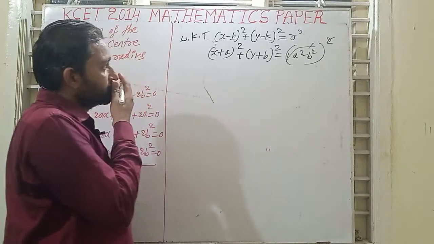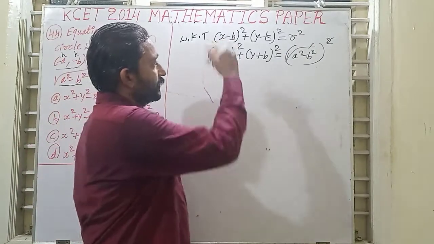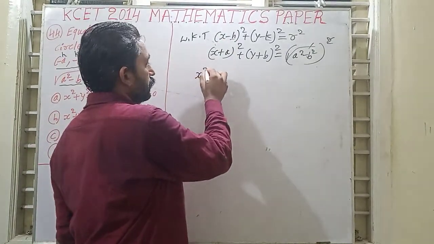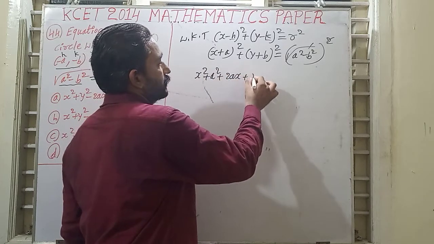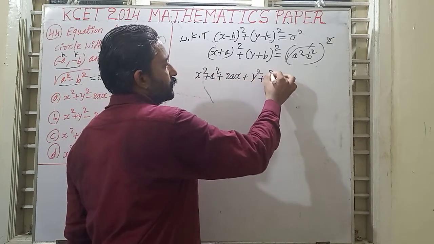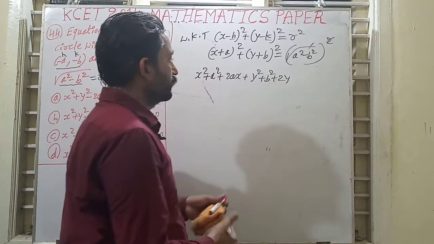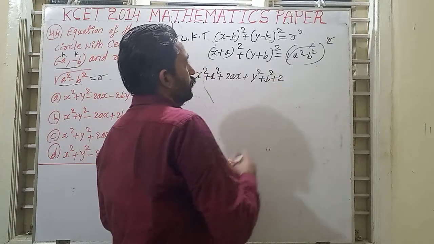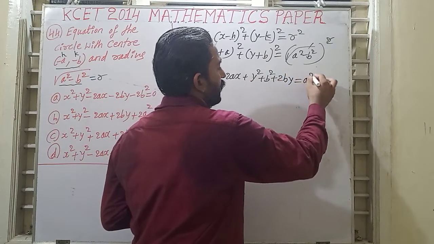Using the formula a plus b whole square, we have to simplify this. So x plus a whole square is x square plus a square plus 2ax, plus y square plus b square plus 2by is equal to a square minus b square.